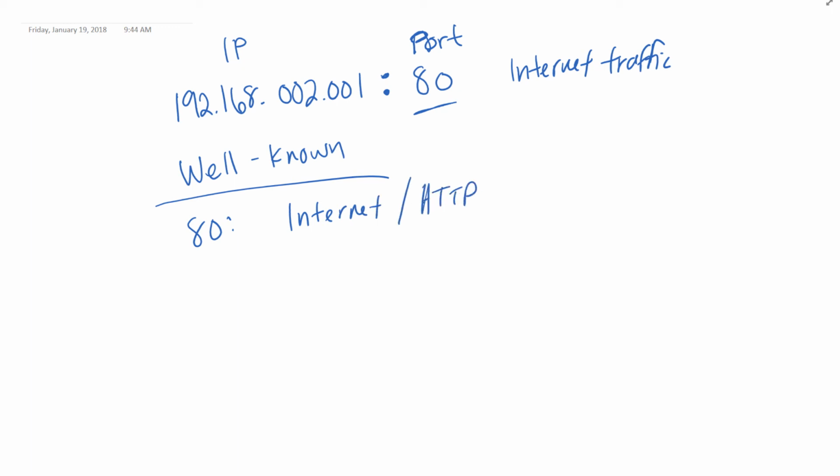HTTP, web traffic, right? 443, secure HTTP. 25, SMTP, simple mail transfer protocol. When you send mail, unless it's encrypted, it goes out on port 25.